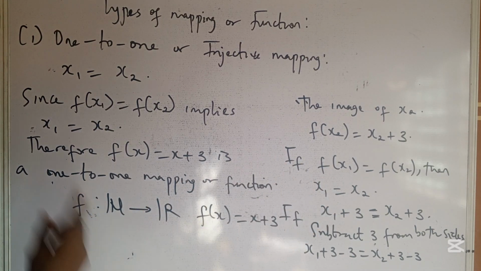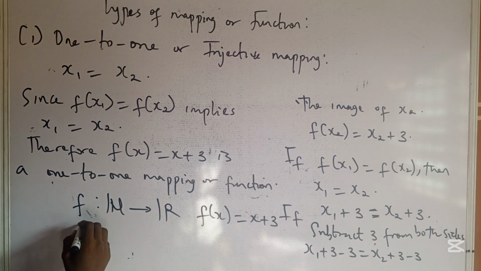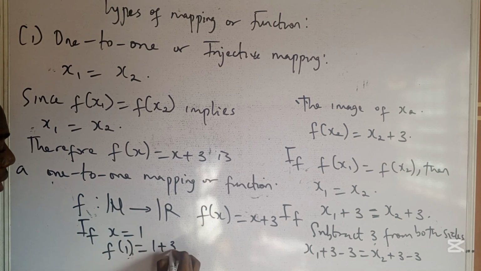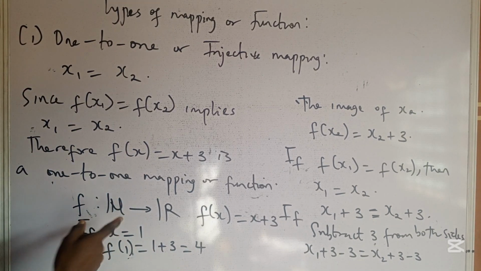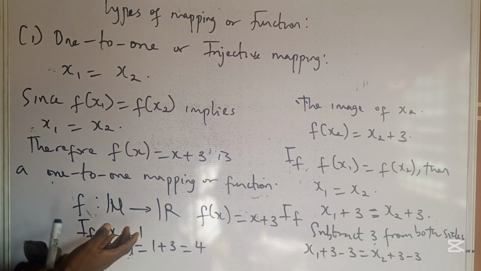What that means is that if I take one inside natural numbers, if x equals 1, f of 1 will be 1 plus 3, which equals 4.